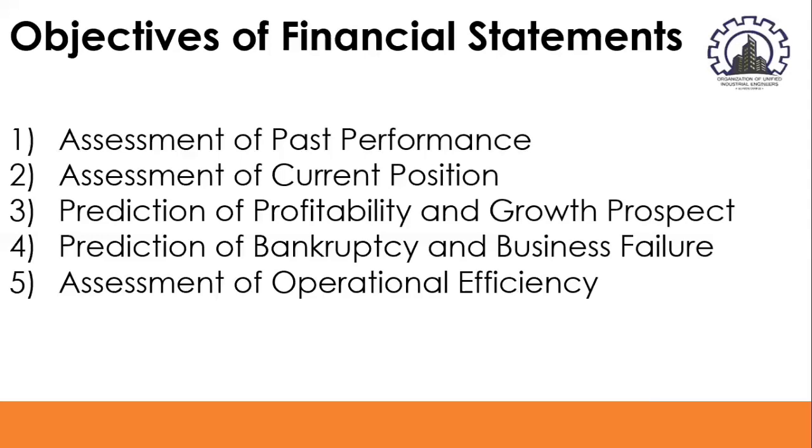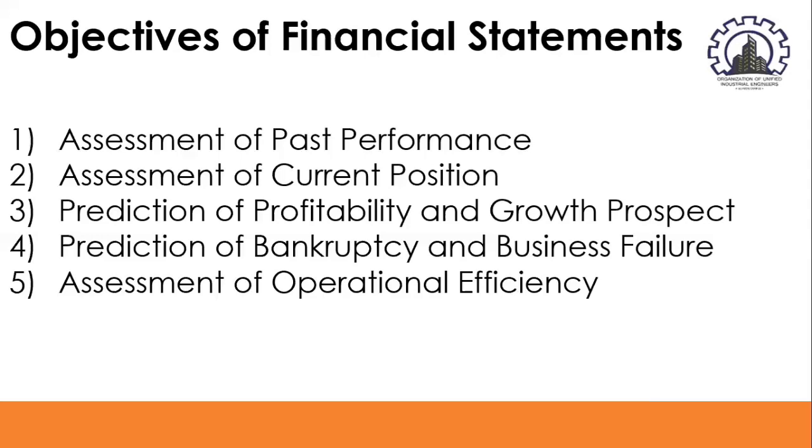Next, we have prediction of bankruptcy and business failures. Aside from being able to predict profitability and growth prospects, financial statement analysis can also predict bankruptcy using ratio analysis. Now, in order for us to better understand what a financial ratio analysis is and its different types, this will be further discussed in the proceeding section.